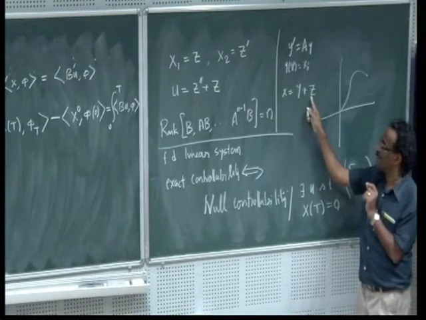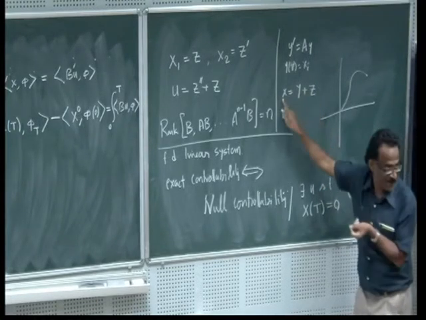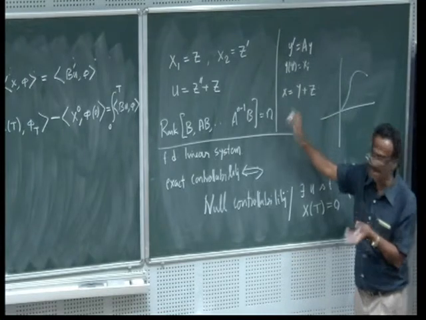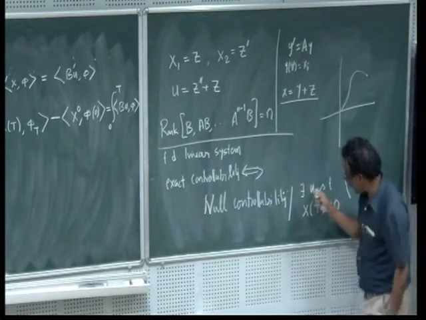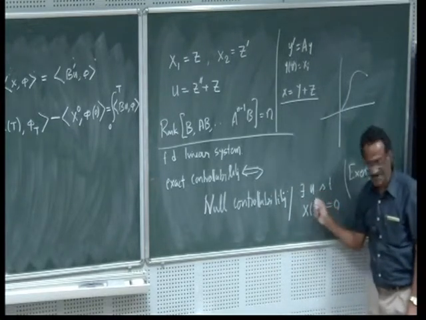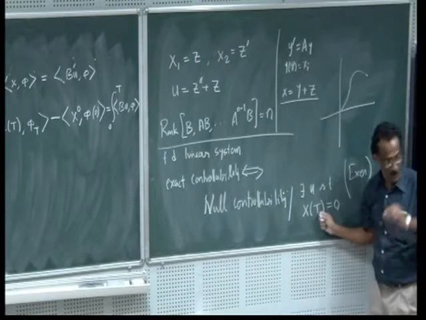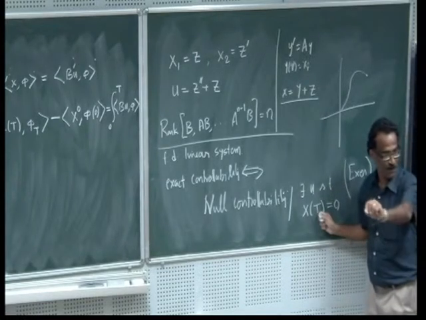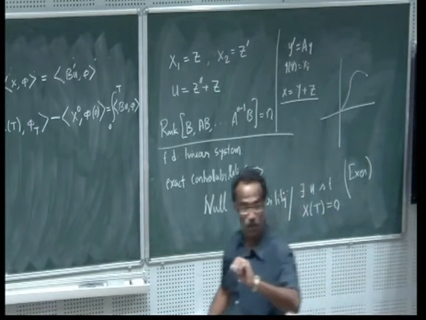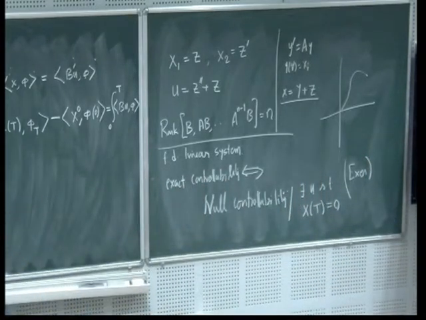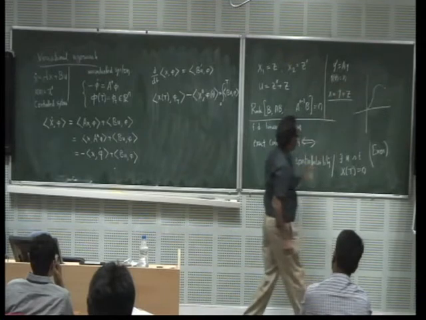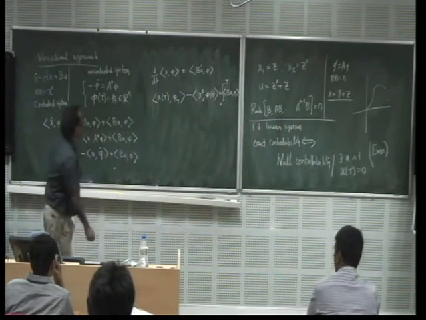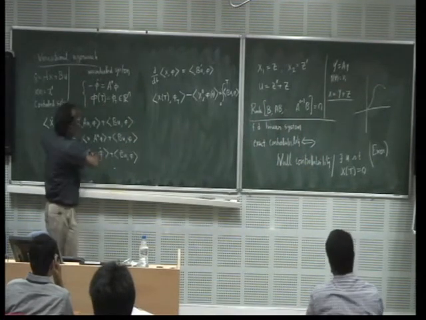If you have the null controllability for z, you will get the exact controllability for x. So it's a simple thing, not at all difficult. You understand null controllability? You are looking for the control where the trajectory leads at time T to the origin, not to all points. This is generally a feature of linear systems, not of nonlinear systems. So just work it out, write it. So it's enough to see the controllability.